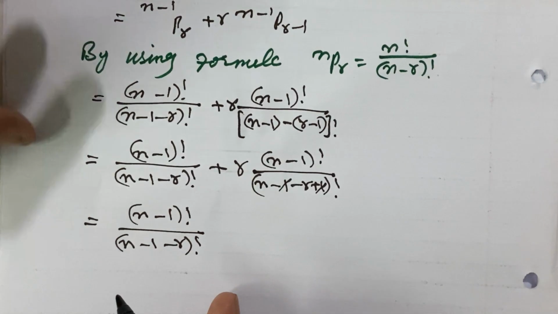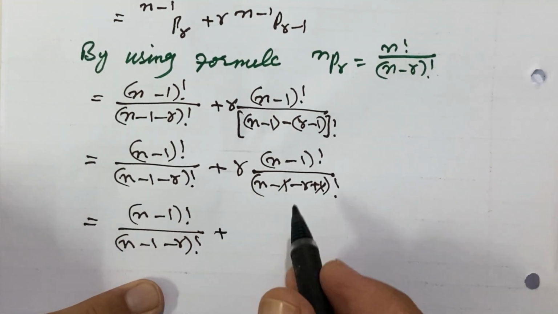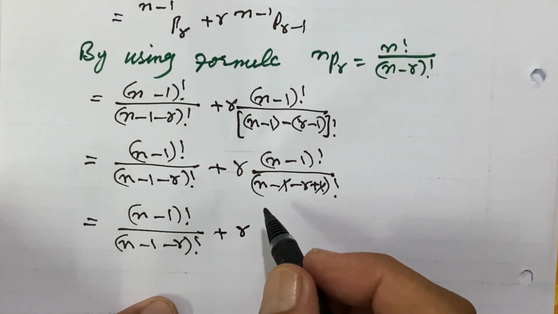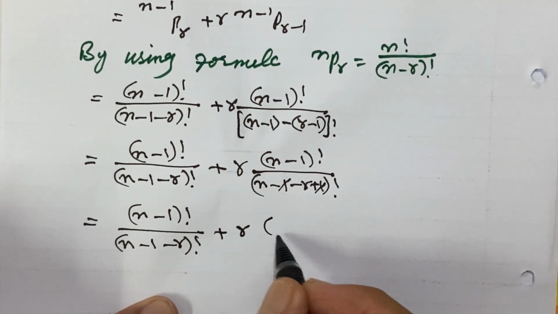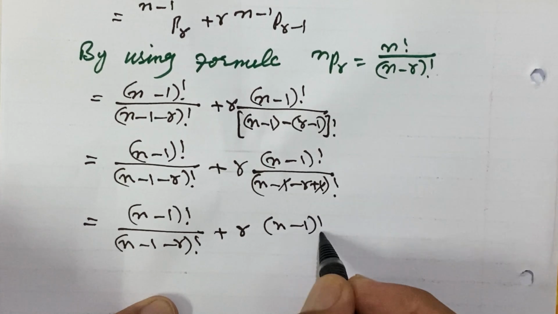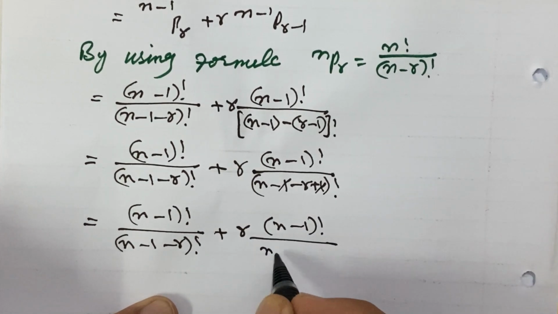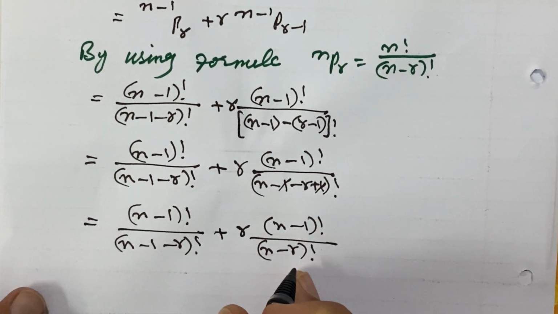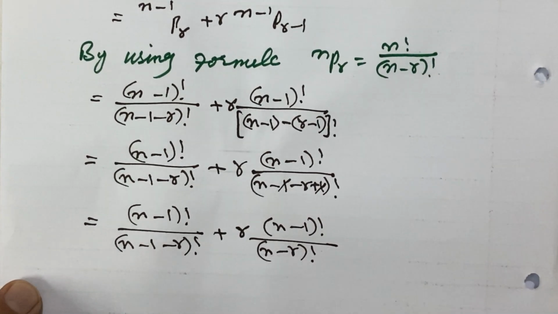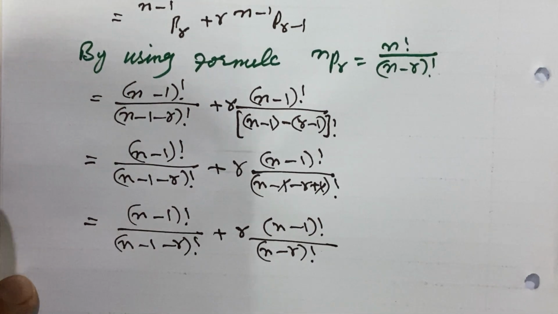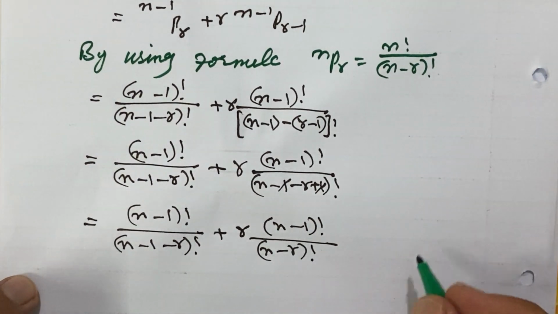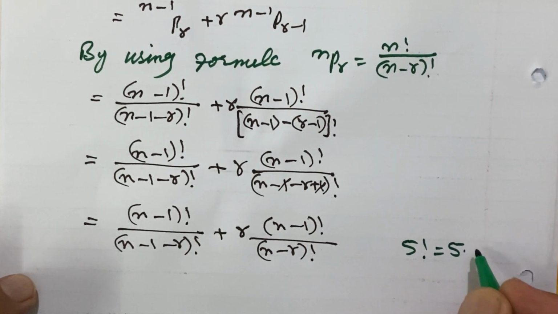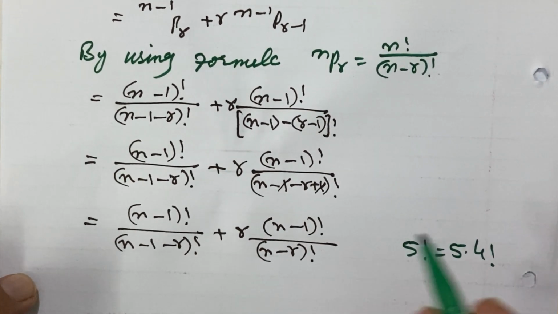Now plus r times (n minus 1) factorial over (n minus r) factorial, by rearranging. Now by using, if there is 5 factorial, we can write it 5 into 4 factorial.